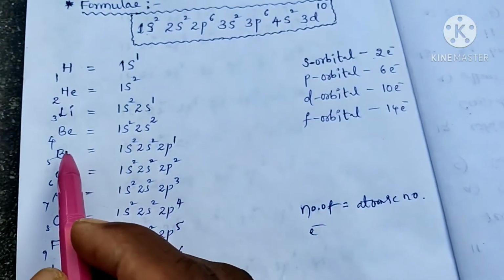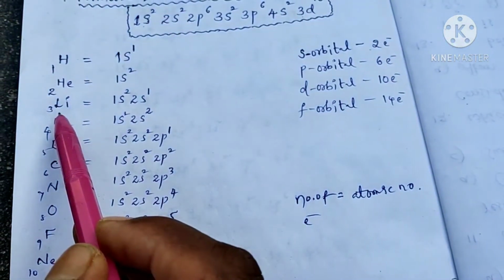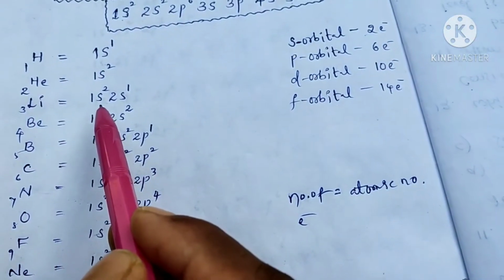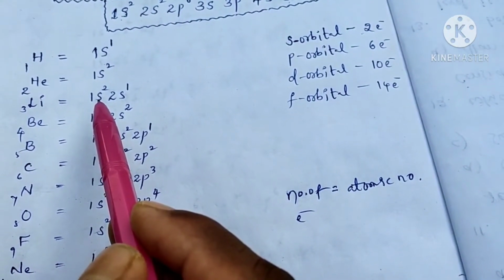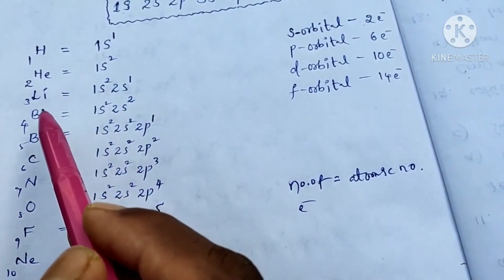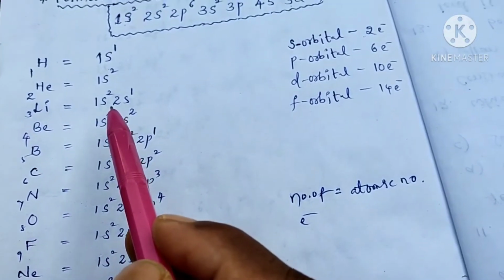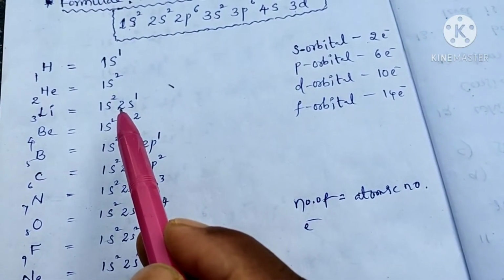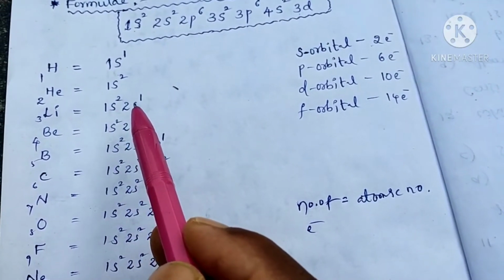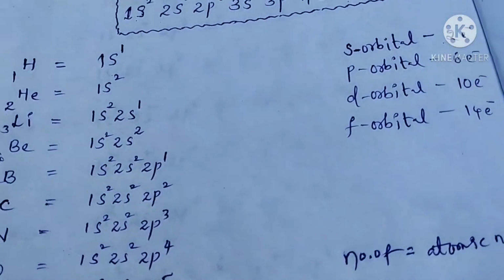And the third element is lithium. Atomic number is 3. So first subshell 1s2, then 2 out of 3, remaining 1. So 1 will enter into the next orbital, that is 2s. That is why 1s2 2s1 becomes the electronic configuration of lithium.